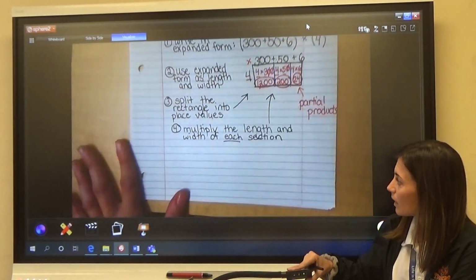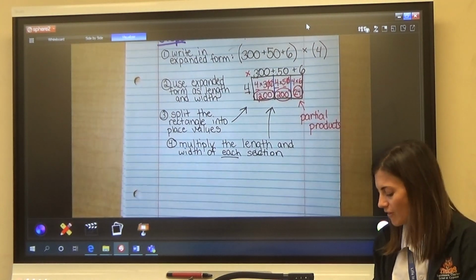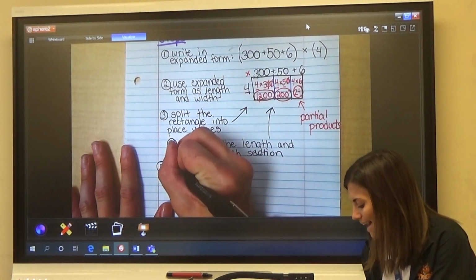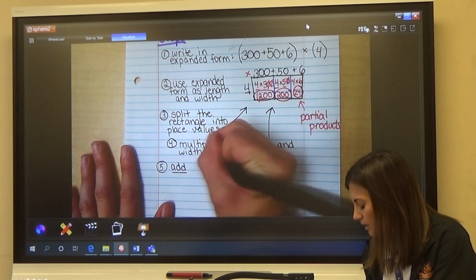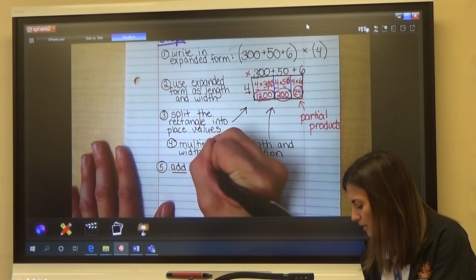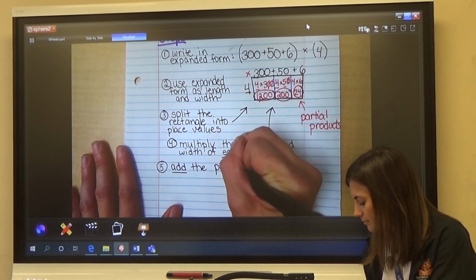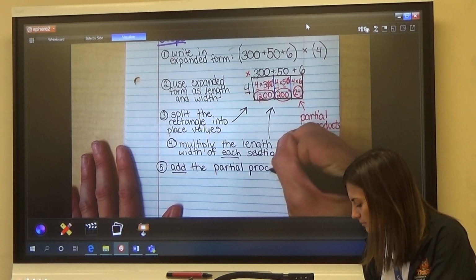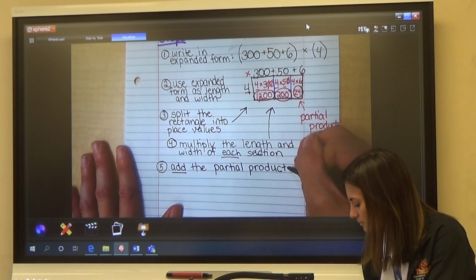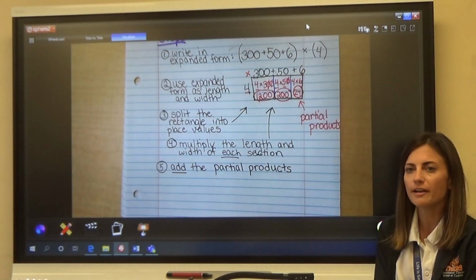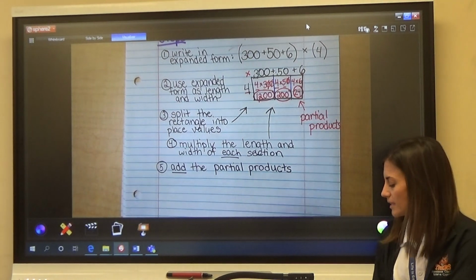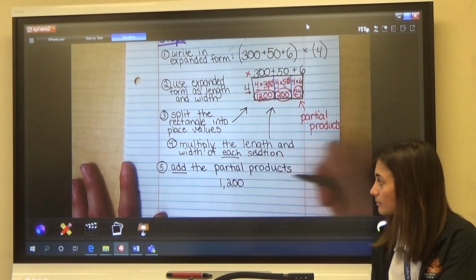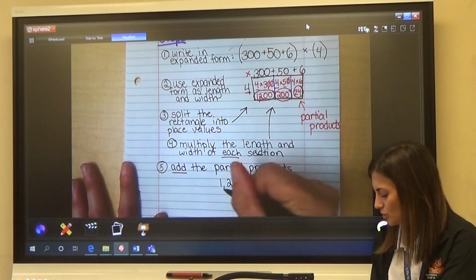Well, for step number 5, we are going to add the partial products. So I'm going to take 1,200. I'm going to add 200.